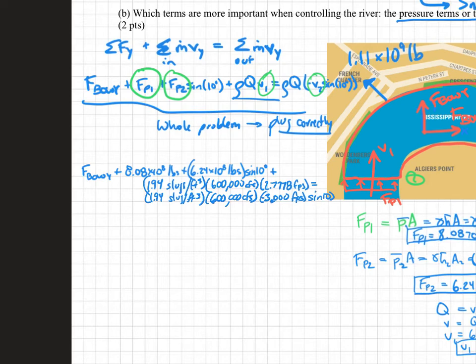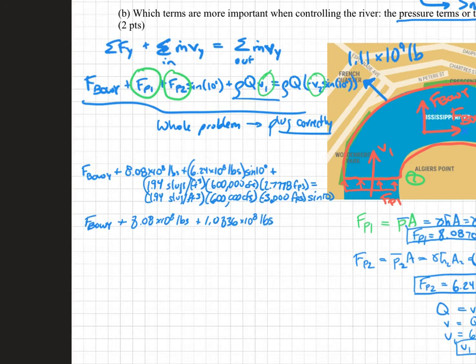If I draw this all out just to give you an idea of what this looks like: 8.08 times 10 to the 8th pounds, plus 1.0836 times 10 to the 8th pounds.